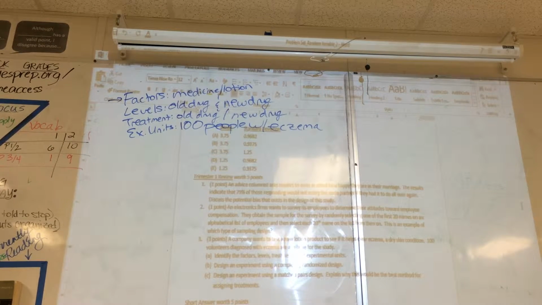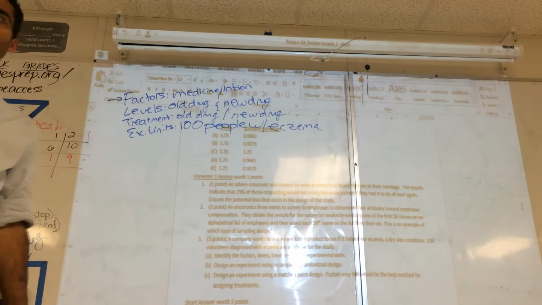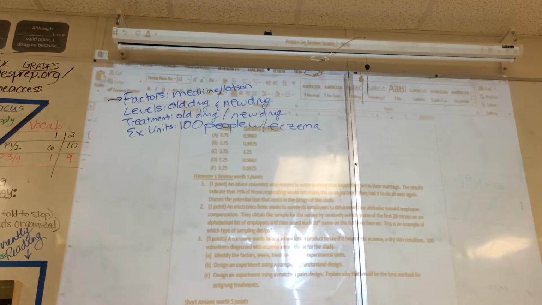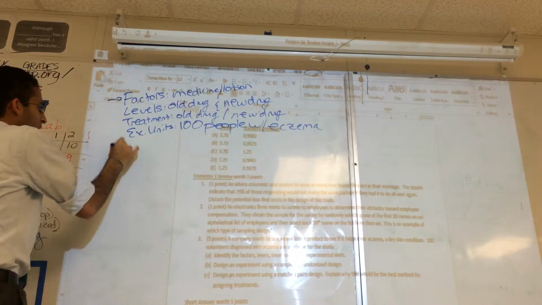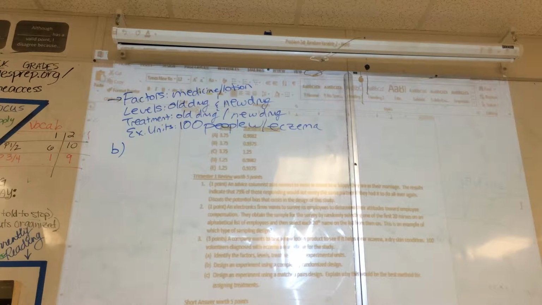Okay, I think a lot of people got B, that's fine. The only thing on B, guys, and I think I did not stress this before, so I didn't take off for it, but we do need to do this. When you're designing an experiment, so you want to say, like, I'm going to randomize, blah, blah, blah, then at the end you need to say, I want to compare the 2 groups.